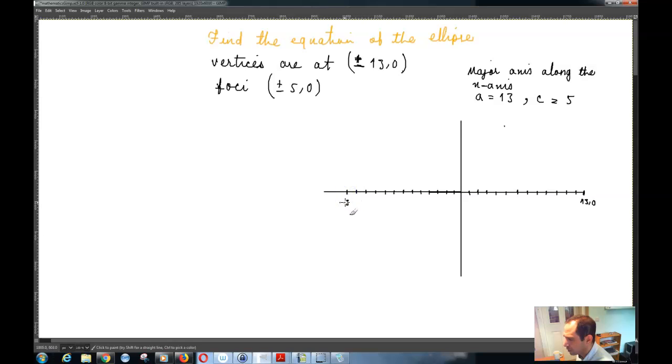That's negative 13, 0. These are your vertices. And then your foci are at plus or minus 5, 0. So 1, 2, 3, 4, 5. So that's 5, 0 and negative 5, 0.